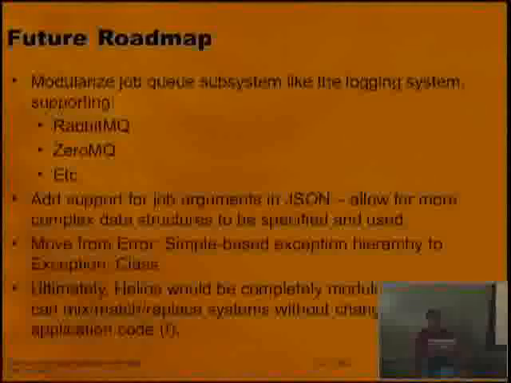You could do it, but you'd have to grab the job XML from your job object and do special things to it. You couldn't just use getJobArgs and get your complex data structure back. So I'd like to add JSON support for that.